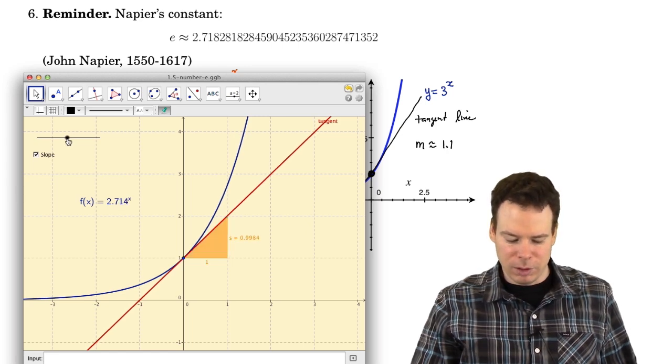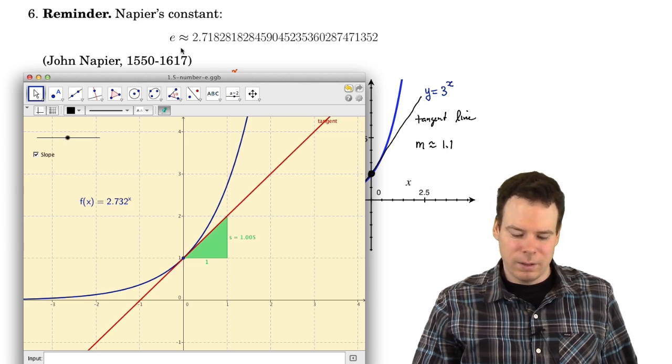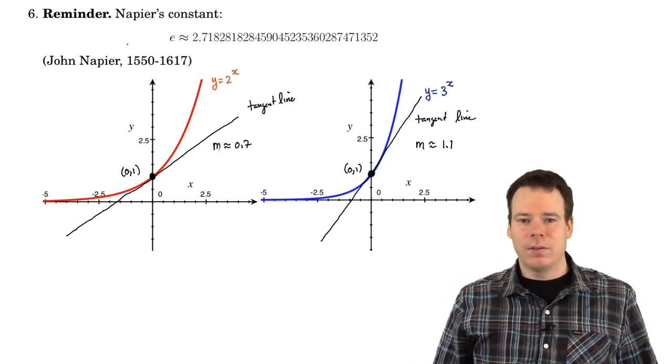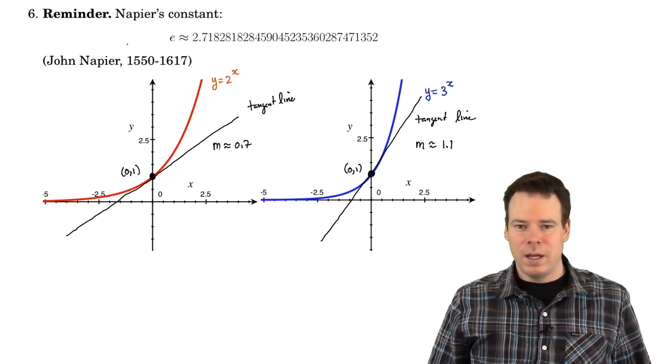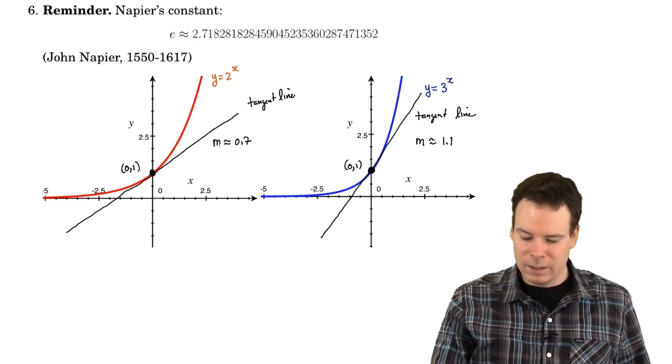What would the base of the exponential function be? Well, it's got to be bigger than 2.714, but smaller than 2.732. That is exactly what e is. e is that number, so that when you take it for the base of the exponential function, the slope at the point (0, 1) is exactly 1.